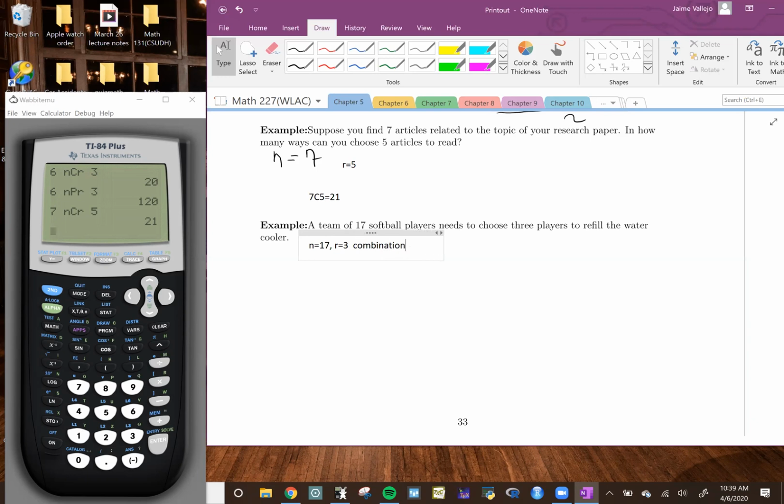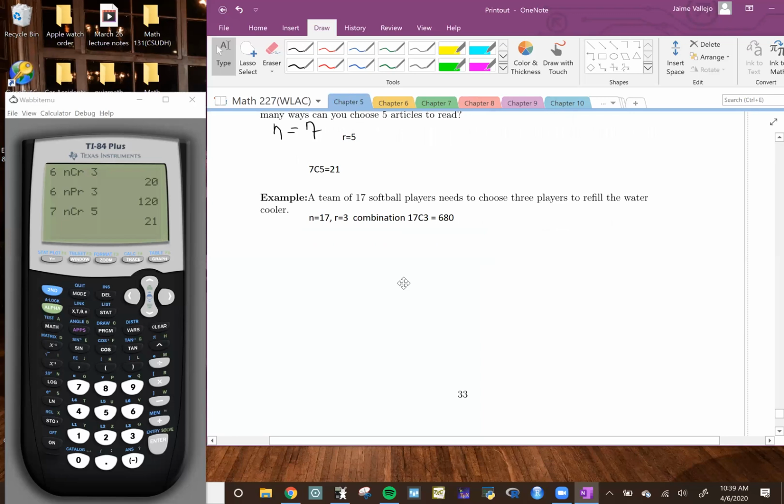So this is a combination, so we want to do 17 C 3. And what did we get? 680. Cool. Yeah, I wrote 13 instead of 17. That's why I got it wrong. Okay, just be careful with that. All right, cool. And that's it for combination. Any questions in regard to combination?